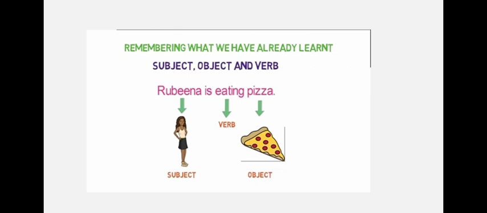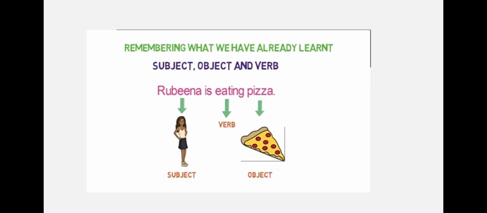Now here, the last one. What is she eating? I told you, I remember we just have to ask what or whom. So here, what is she eating? She is eating a pizza. Or we can say, who is receiving the action done by Rubina? Rubina is eating, right? And the action eating is received by who?